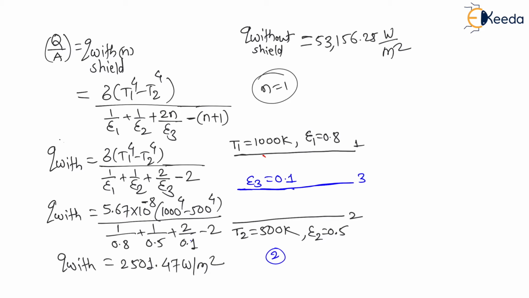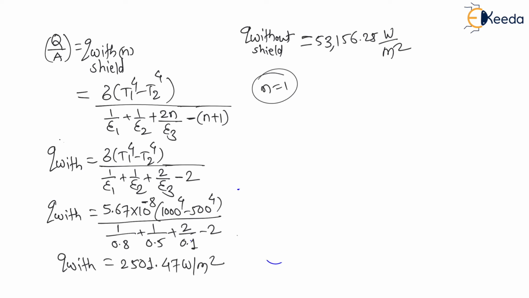Now they are asking for the percentage reduction in heat transfer rate. So let us find it. The percentage change is nothing but final value minus initial value, divided by initial value, into 100.